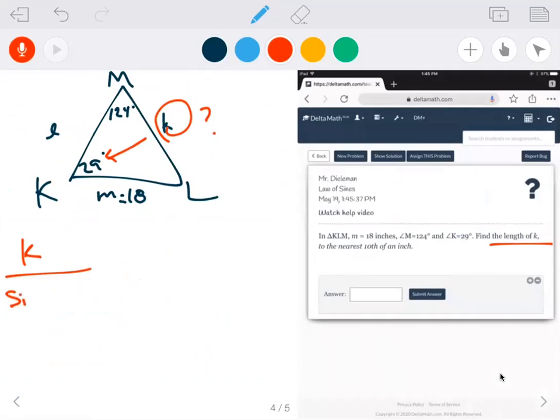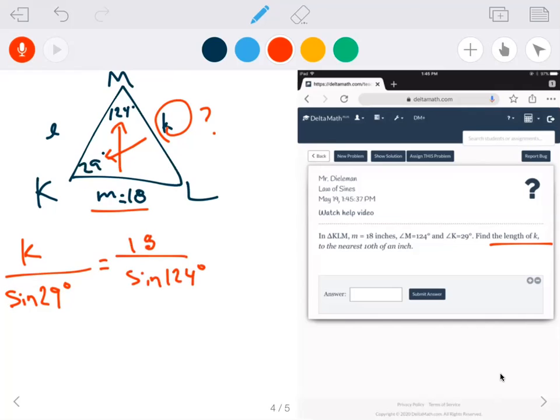So the sine of 29 degrees. And that's going to be equal to some other angle and side pair that we know. The only other side length that we know is the 18, and it is going to match up with the angle across from it, which is 124. So that's going to be equal to 18 divided by the sine of 124 degrees.